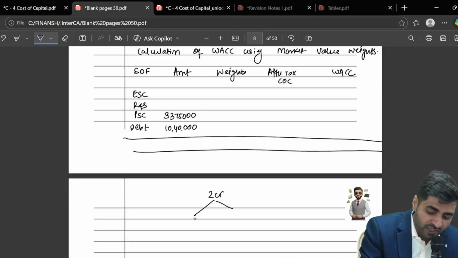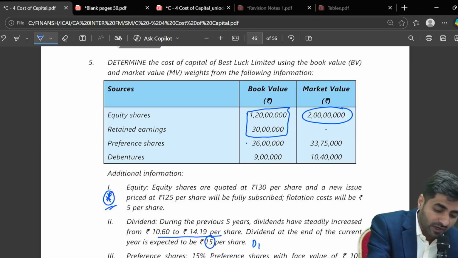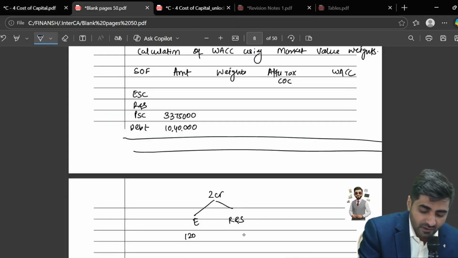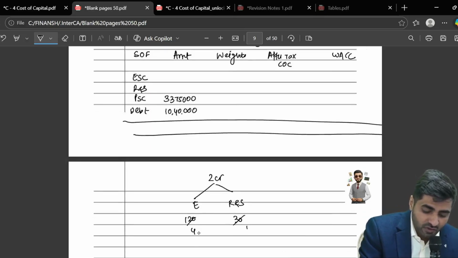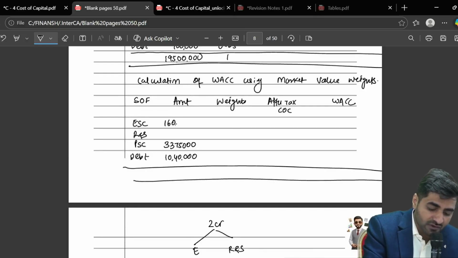So this 2 crores, we will apportion in equity and reserves and surplus in the ratio of 120 and 30. So that is nothing but 4:1, so 4 by 5 and 1 by 5. So this is going to be 1 crore 60 lakhs and this will be 40 lakhs.